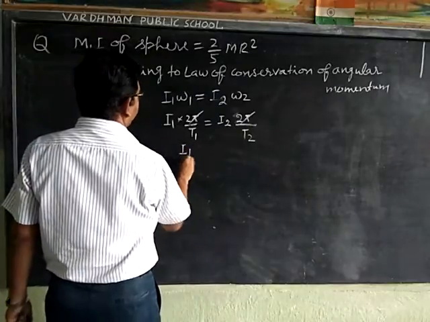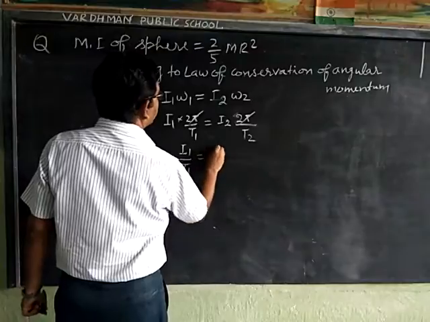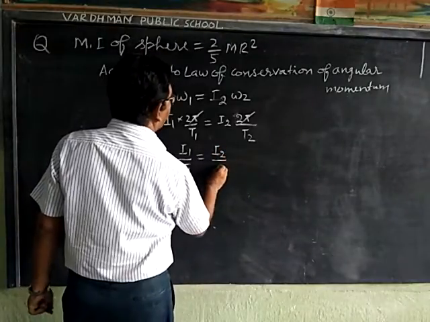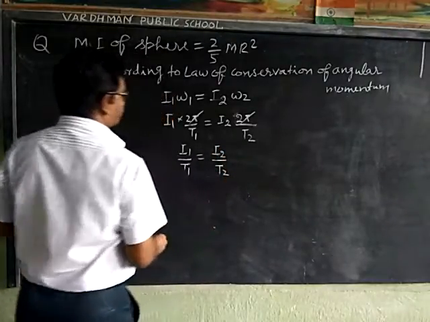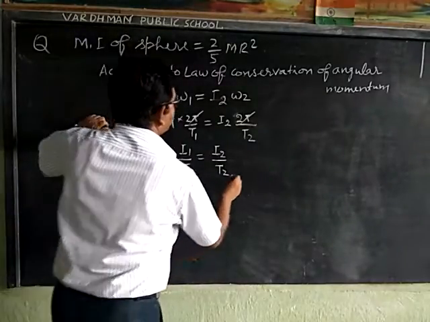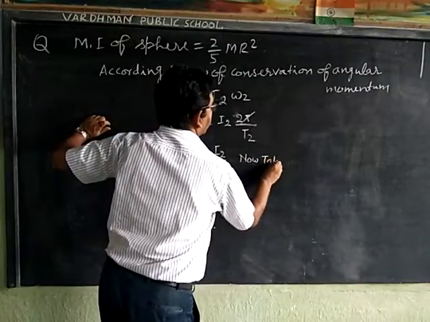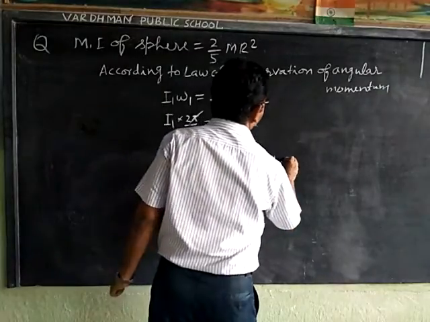So I1 upon T1 is equal to I2 upon T2. Take reciprocal.